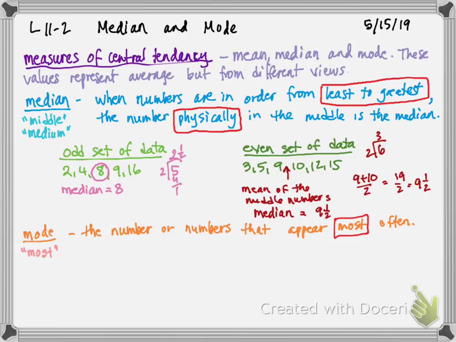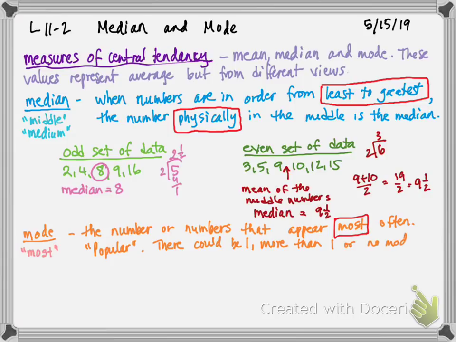I often think about this as being what's popular. So like if you did a survey with kids, what was the most popular choice would be considered the mode. Okay. So again, there could be one, more than one, or no mode.